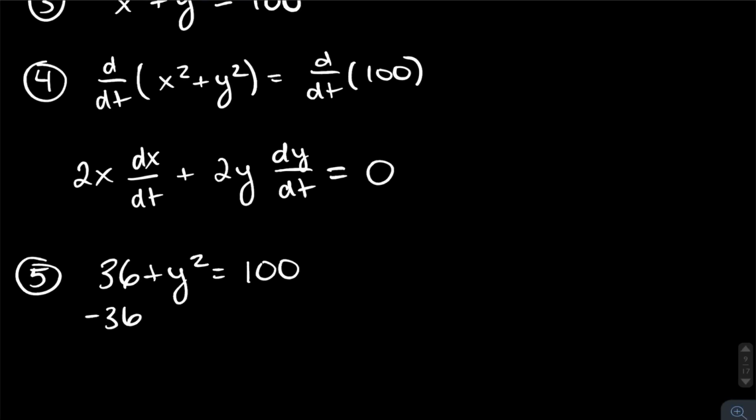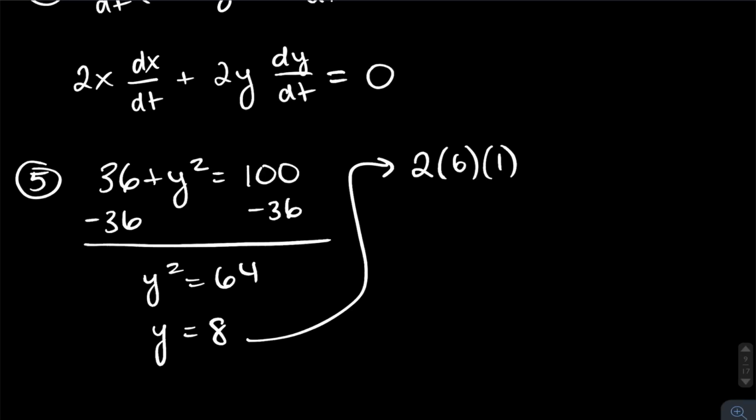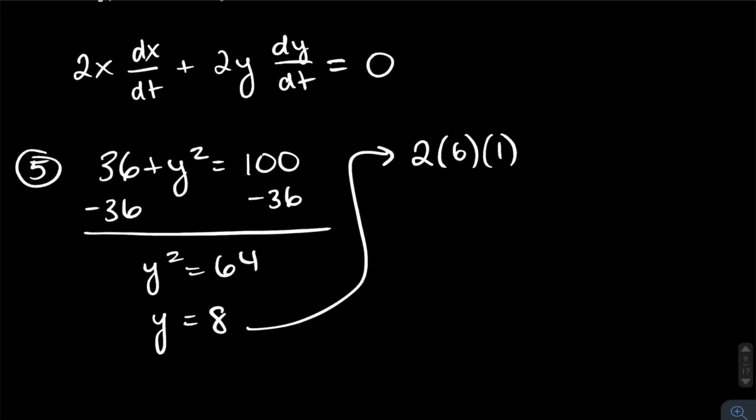We subtract 36 on both sides. That gives us y squared equals 64, and then hopefully you'd know from there that y equals 8. Okay, so if we have that, we're all set to start plugging in here. Let's do that. When we plug in, we get 2 times 6. dx dt is 1, remember, 1 meter per second. 2 times a y is 8, dy dt.